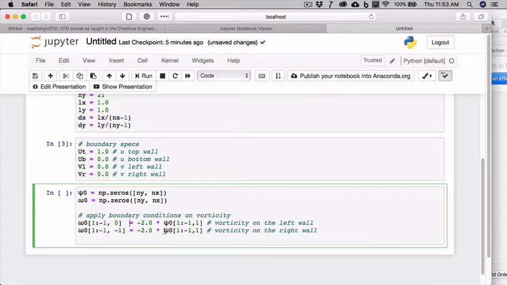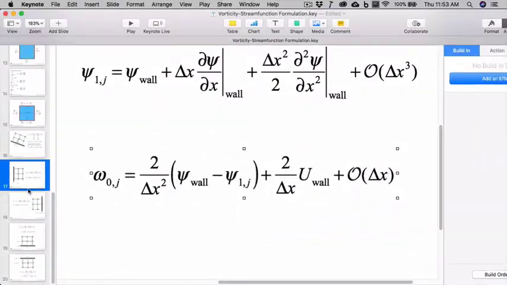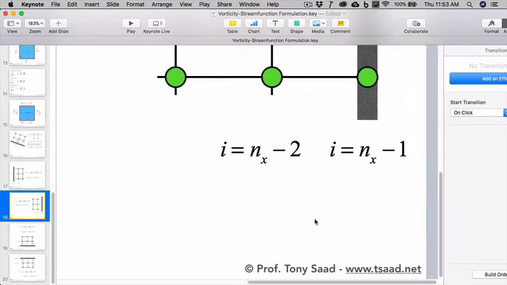Psi wall is 0, and then you get psi 0 for the first interior point. So if -1 is the boundary point, -2 is the first interior point. So we put -2. Clear? So that's the vorticity on the right wall.